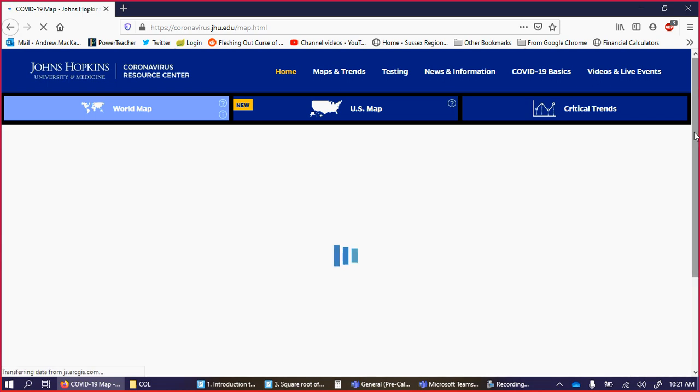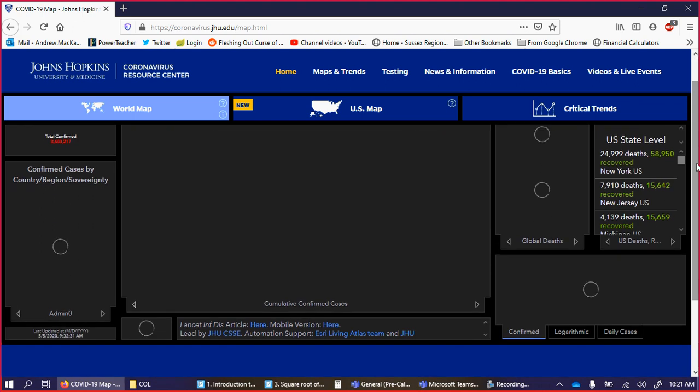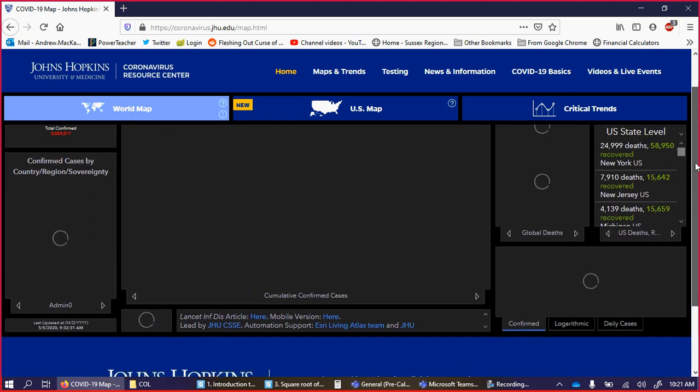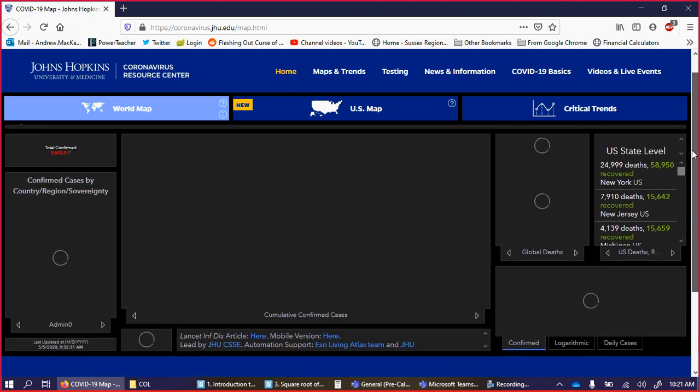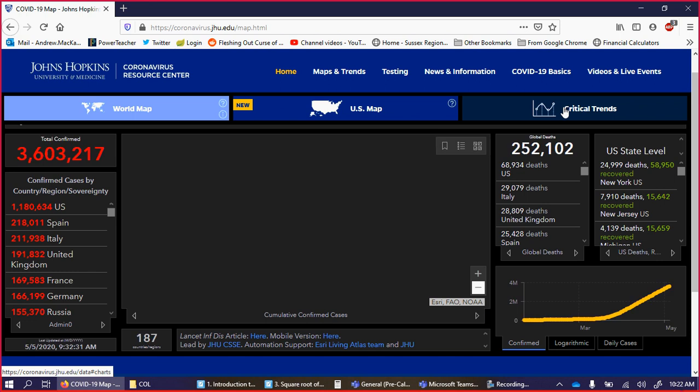If these things are on a linear scale, the growth is ridiculously quick. If it's on a logarithmic scale, which we'll talk about when we look at those, the logarithmic scales are the ones that look like they're coming up and flattening out because there's not a whole lot of increase.